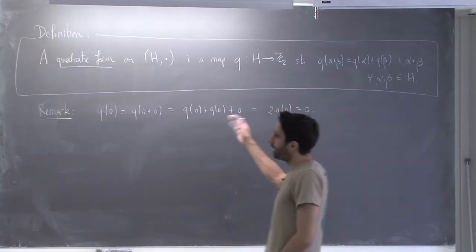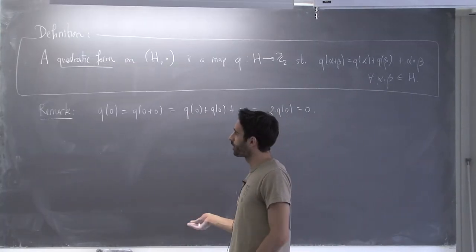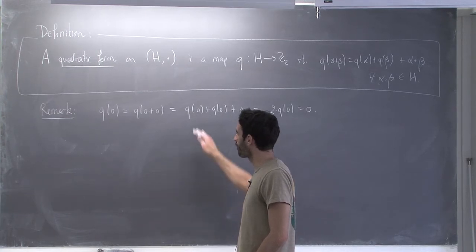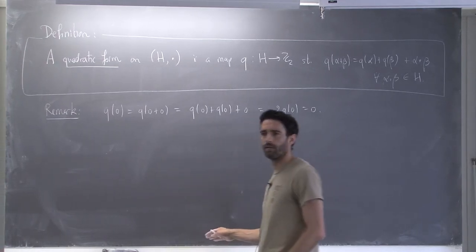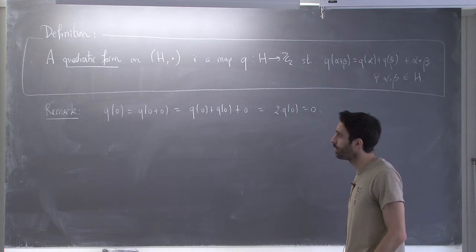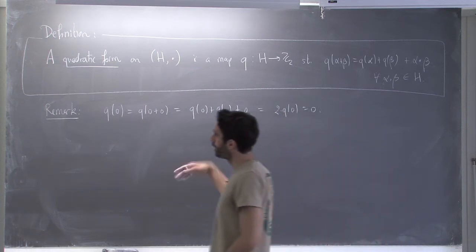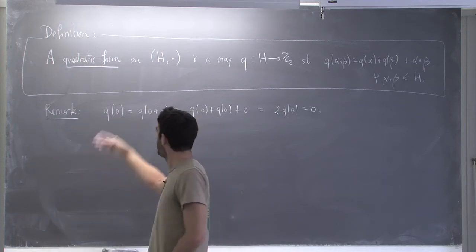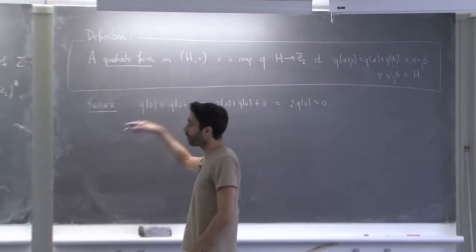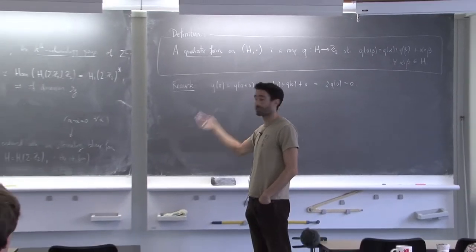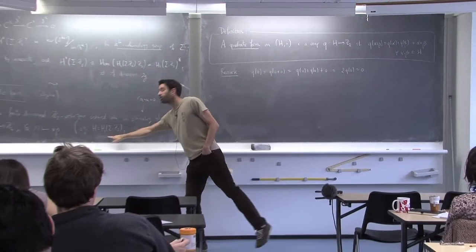So here again, I'm just going to list some properties of quadratic forms that frankly could be given and will probably be given as exercises. It's very easy. And then what we're going to do in the next little chapter is focus on quadratic forms on surfaces. So it means quadratic forms defined on the homology of a surface.